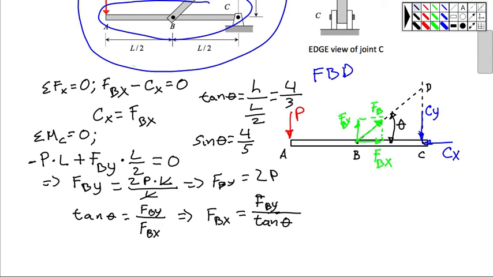We know that the tangent of theta is equal to 4 over 3. Then we have that Fbx is equal to 3 times Fby over 4.